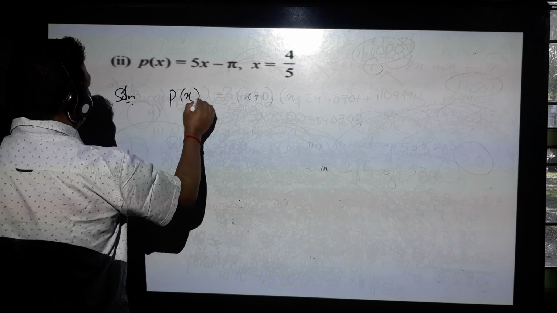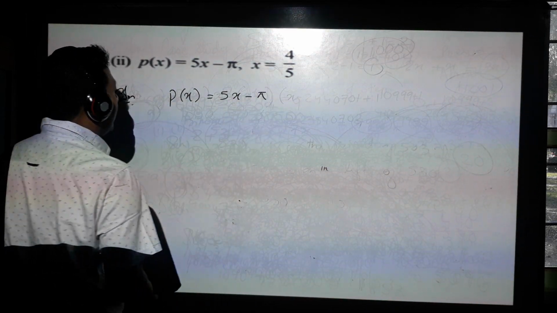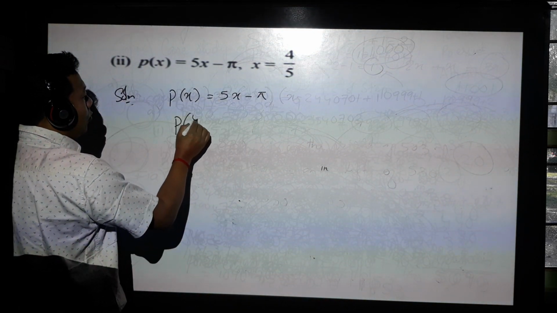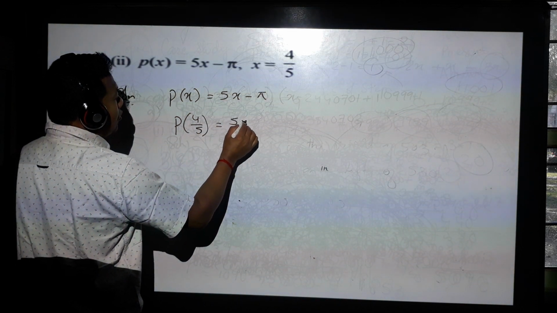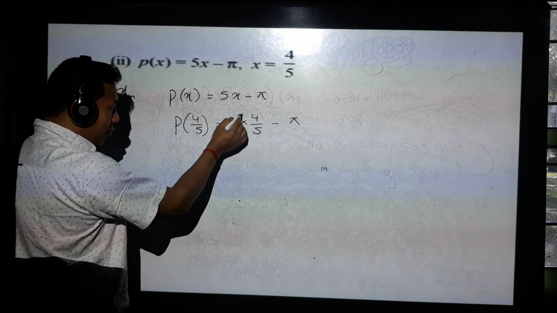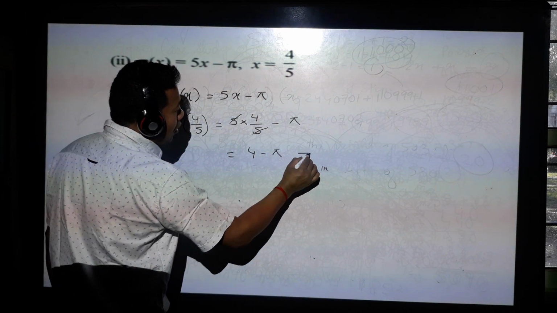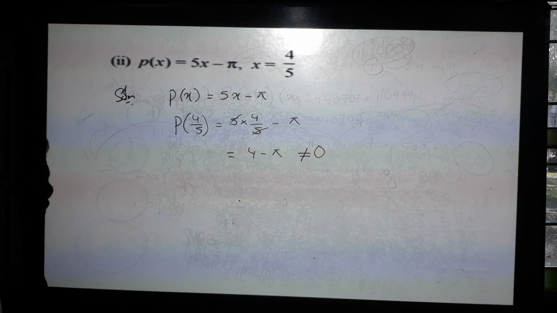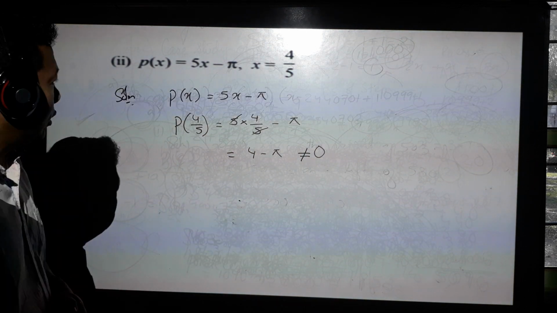P of x is equal to 5x minus pi. So putting the value of x equal to 4 by 5, P of 4 by 5, you get 5 into 4 by 5 minus pi. 5 cancels, you get 4 minus pi, which is not equal to 0. This is not equal to 0 because pi is not 4, so obviously it's not equal to 0.